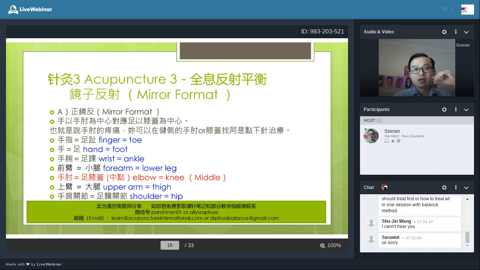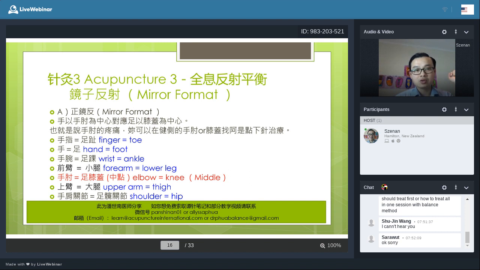Okay, you can go through the presentation. Elbow and knee are the middle, are the center of your leg and your hand. And you go down, the next joint on the bottom joint is the wrist and ankle. So wrist can balance ankle. And between your wrist and elbow is forearm. Between your ankle and knee is lower leg. So forearm treat and balance lower leg.